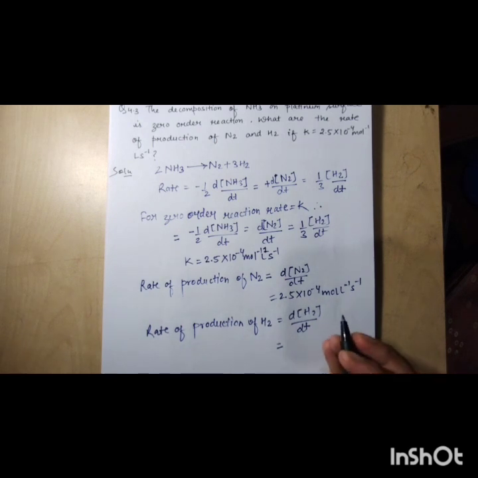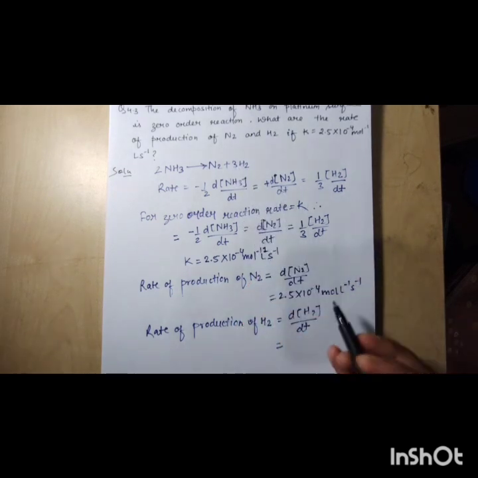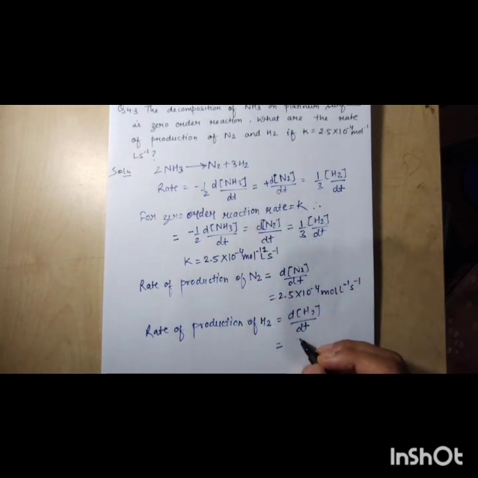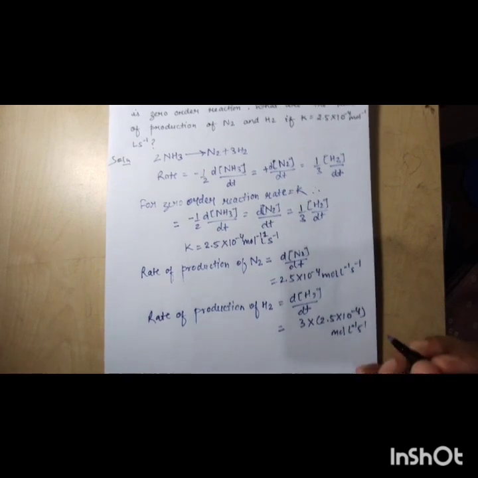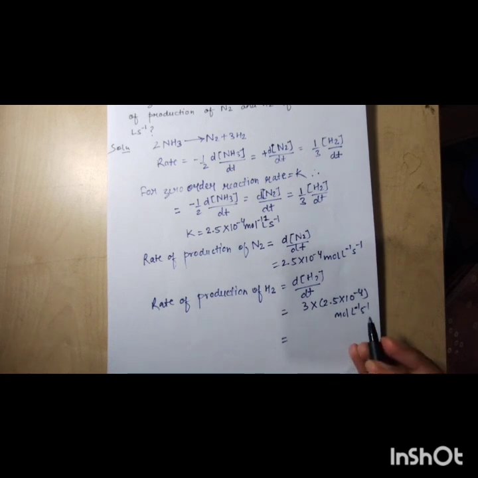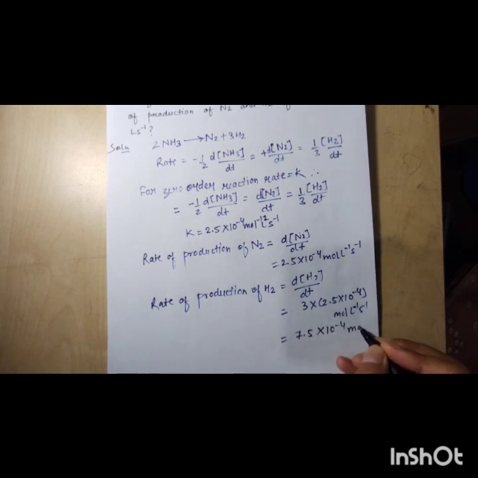Here 3 moles of H2 are there, so we will multiply 3 into 2.5 into 10 to the power minus 4 mole per liter per second. After multiplying, this becomes 7.5 into 10 to the power minus 4 mole per liter per second.